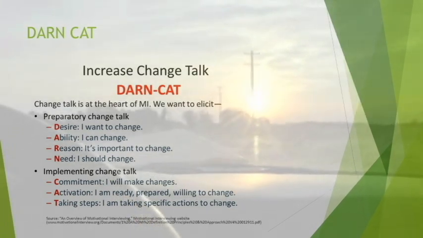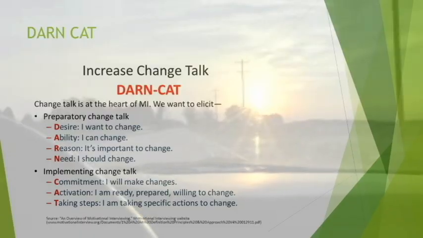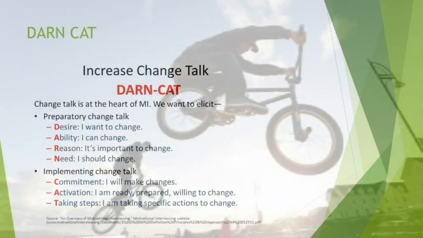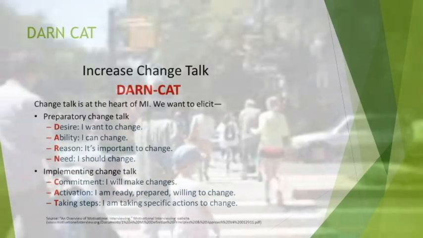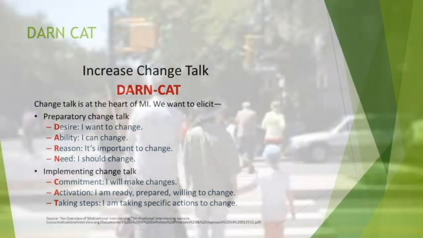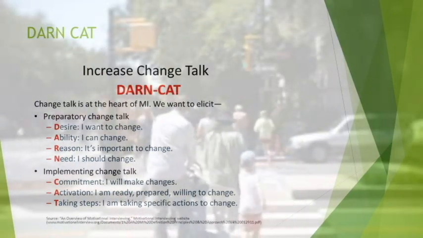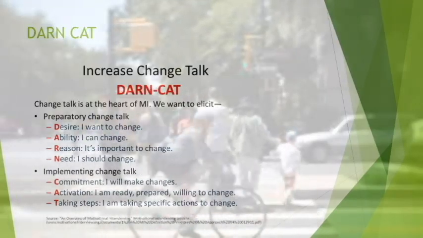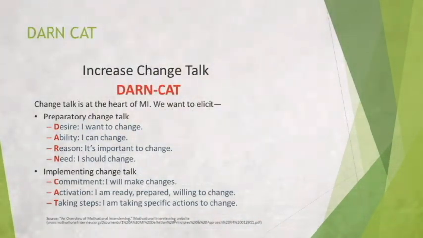Then we come to the cat. And the cat is the actions part of this. The commitment. I'm going to do this change. The activation part of this. I've started to make this change. And the taking steps. The I did this in order to help facilitate this change.